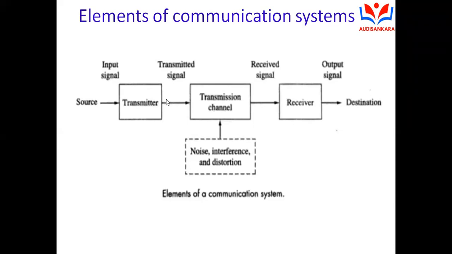At the time of propagating the information through this transmission channel, whether it is connection oriented or connectionless, there is a chance of adding unwanted information to the original information.